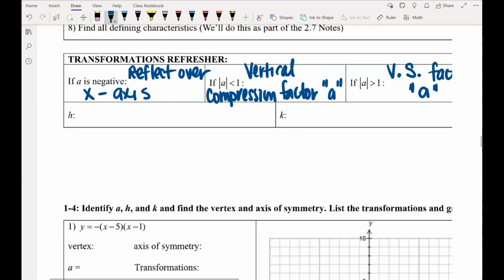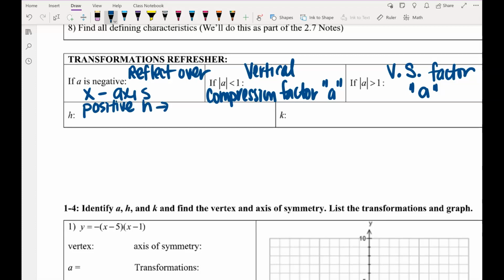The h and k. If you have a positive h, what direction is that? Right or left? Right. If you have a negative h, what direction is that? Left, yeah.